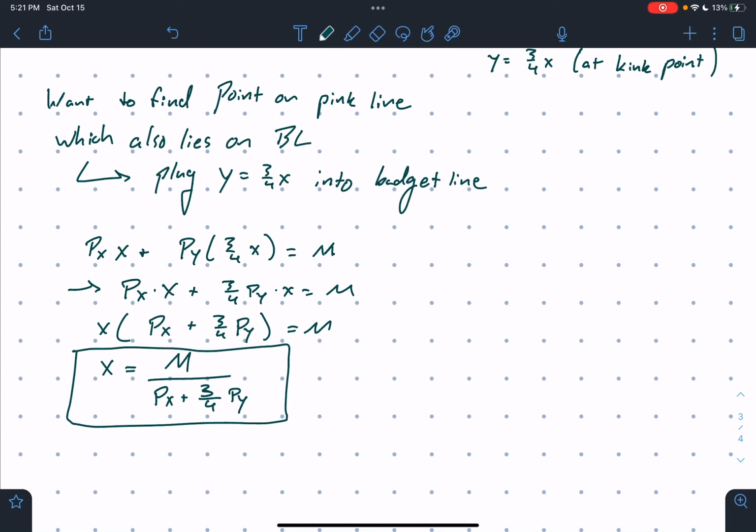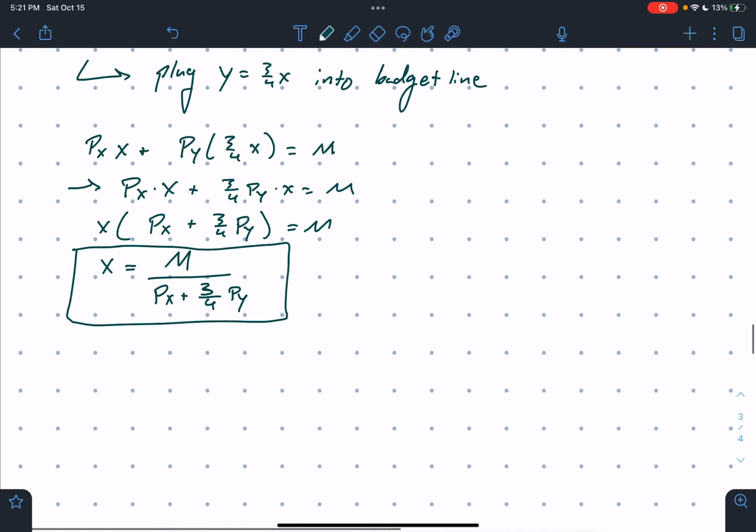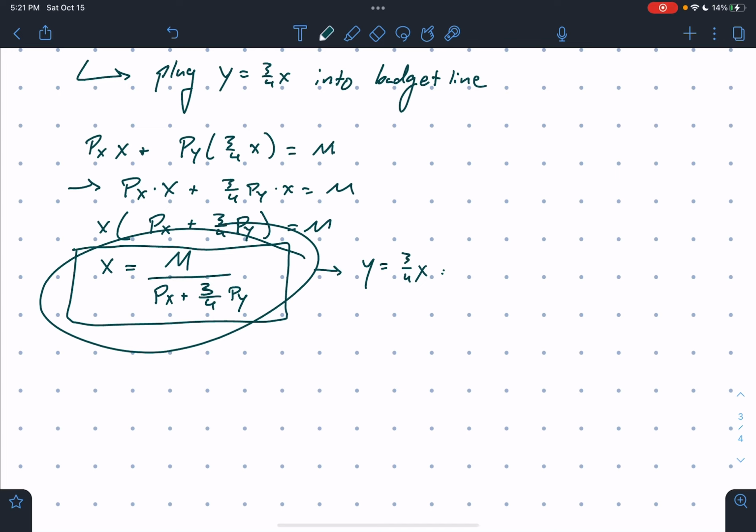Okay, so given this, we may want to find the corresponding demand for y. We know that y is equal to 3/4 x. So when we plug in this optimal value of x, we can find the optimal value of y.